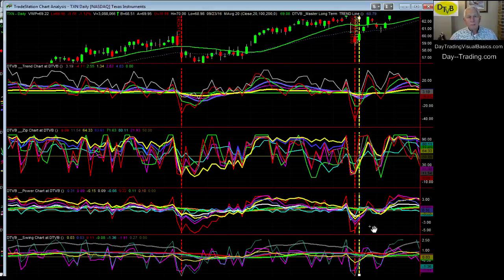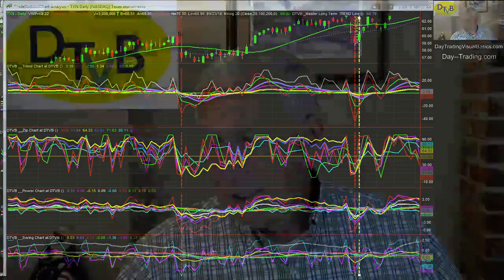Zip gray and zip red are paired together, and when you have a spike down and zip gray is under zip red, there's a greater possibility of the uptrend next day occurring. And I don't know why, but I can read the indicators. They're powerful. They're absolutely amazing.